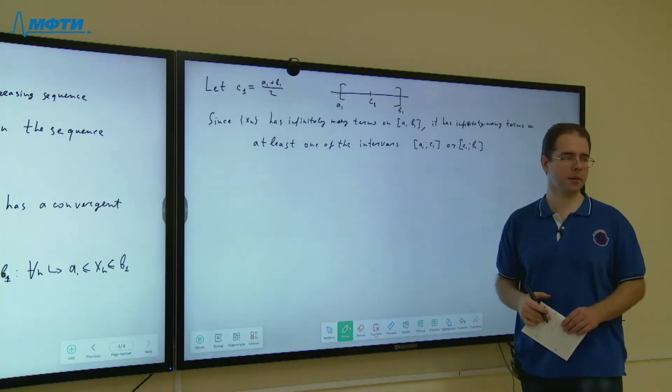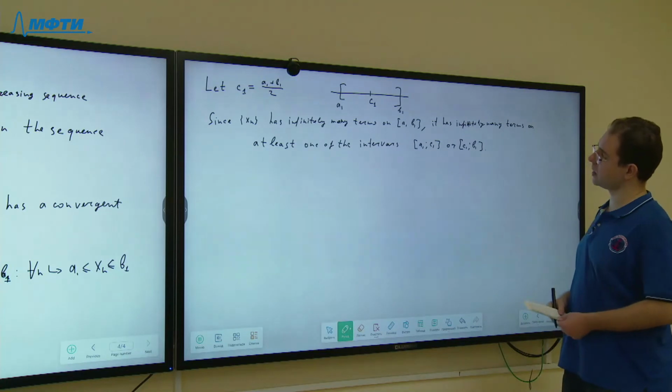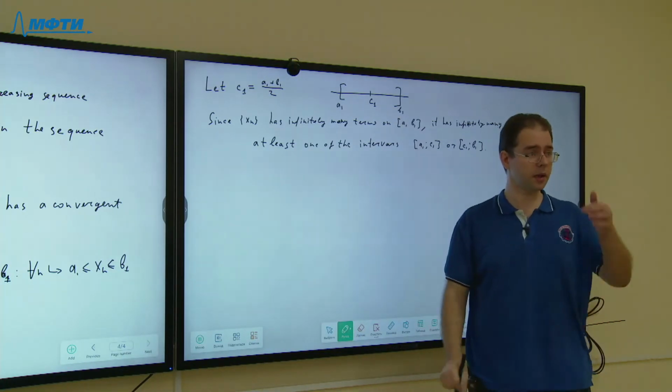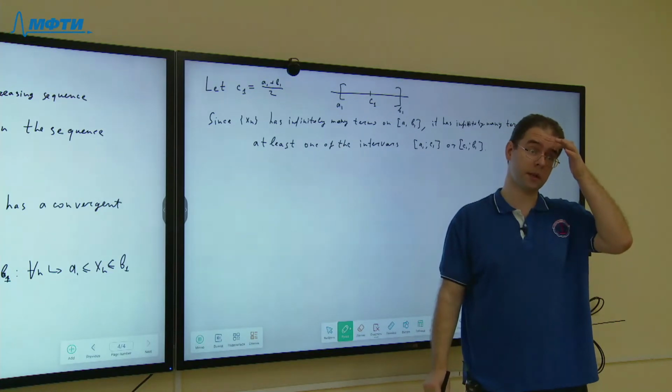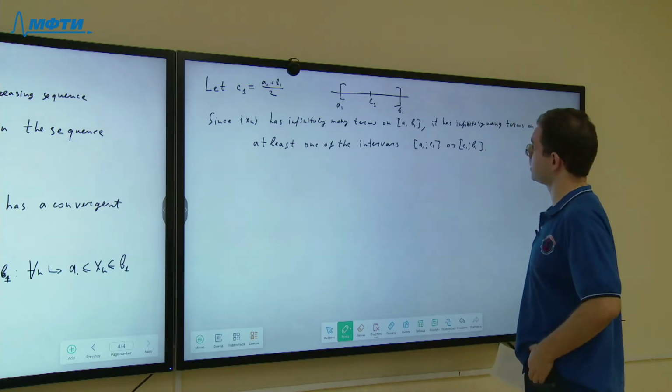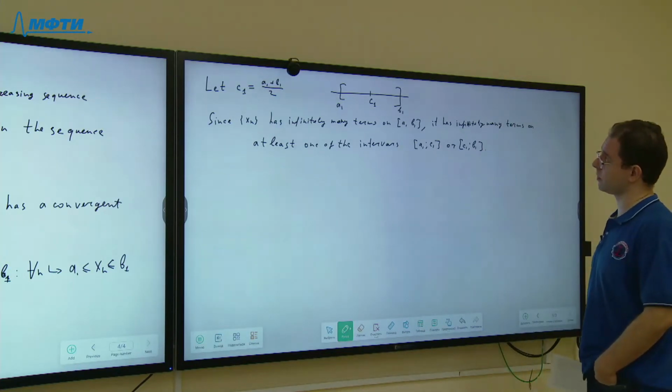So infinitely many terms of my sequence lay at least in one of the halves. It could be the case that both halves have infinitely many terms. Yeah, this could happen. But at least one of them definitely has.